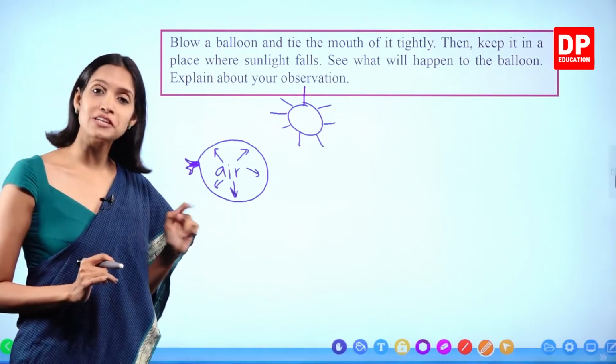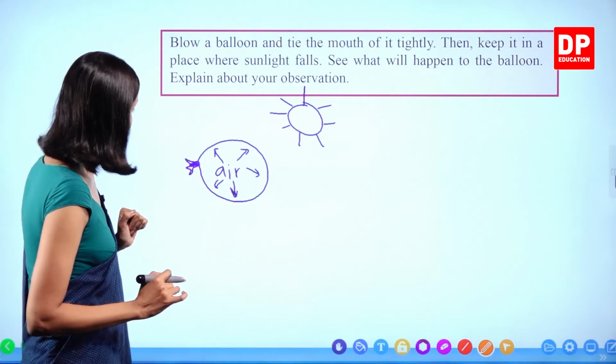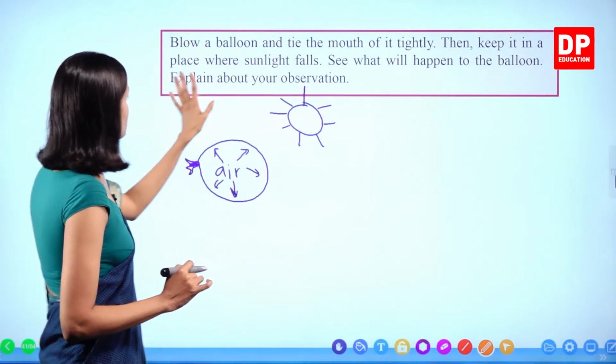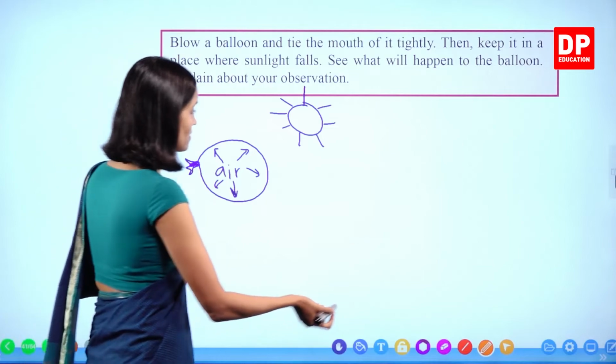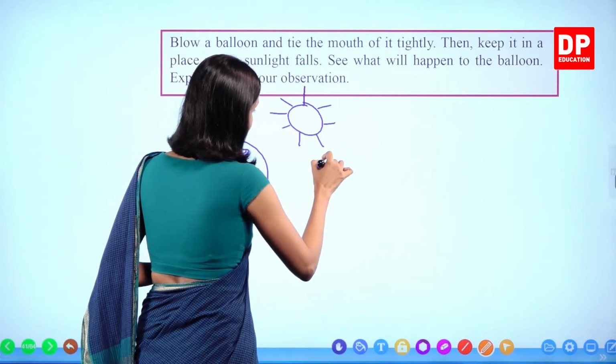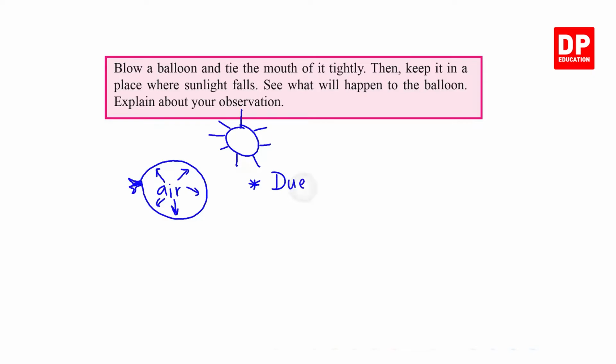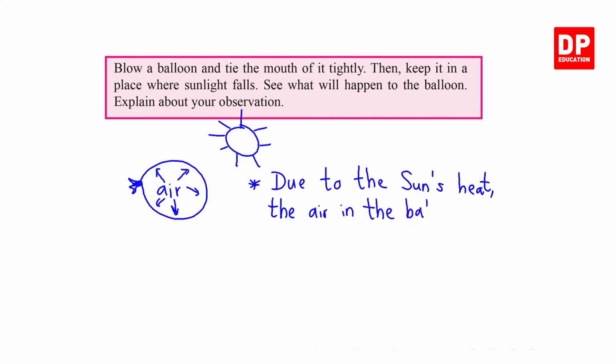So you all can do this activity very easily. We'll write this down. See what will happen to the balloon. Explain your observation. Right? Let's write. Due to the sun's heat, the air in the balloon expands, which means the volume increases.